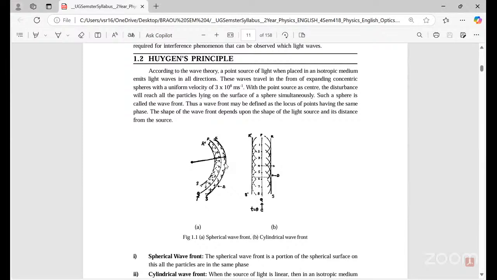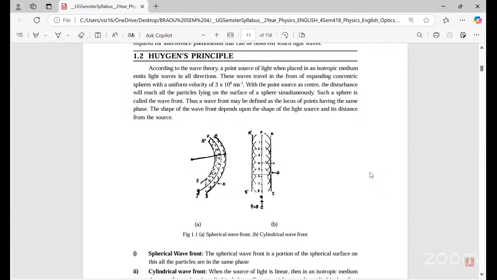Thus a wavefront may be defined as the locus of points having the same phase. Locus, not focus. The shape of the wavefront depends upon the shape of the light source and its distance from the source.